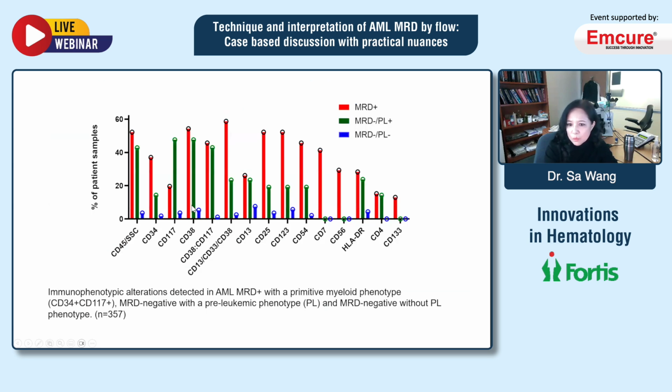This is what we summarized, 357 cases, the positive cases. You can see what are the very frequently changed immunophenotypes, right? So we have to count on the other markers, at least to increase your confidence level if you see more aberrancies.